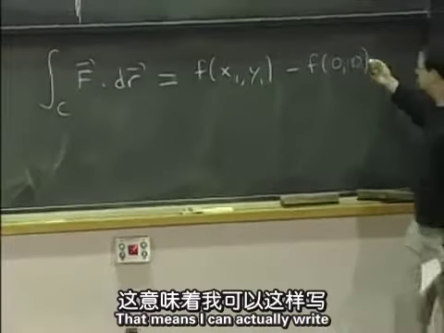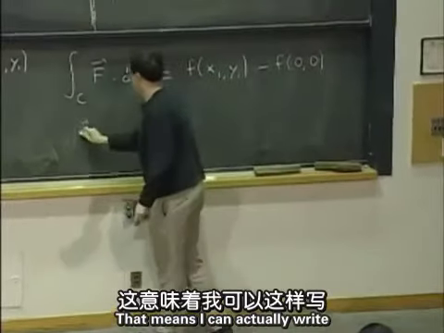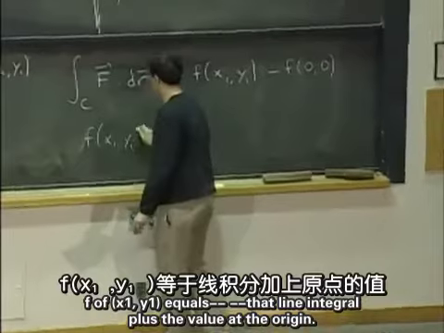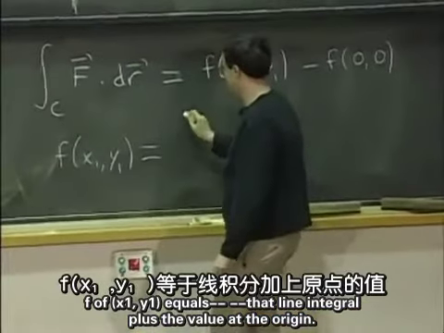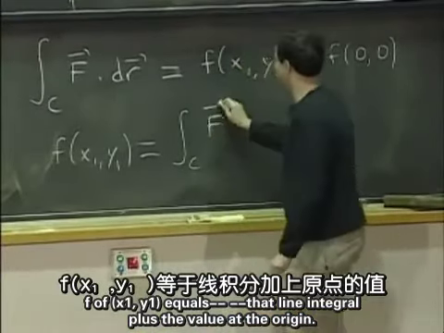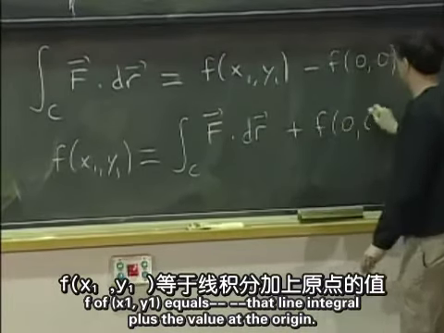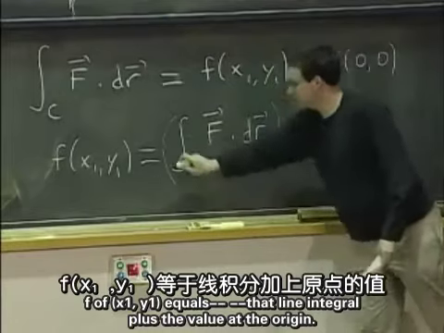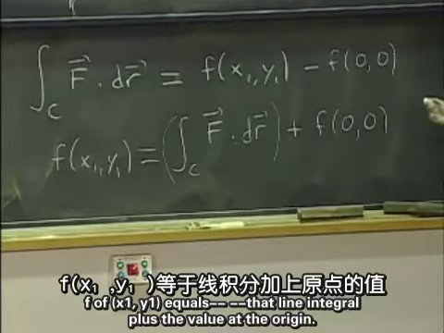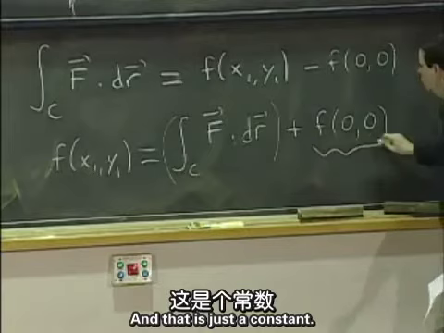So that means I can write f of x1, y1 equals that line integral plus the value at the origin, and that's just a constant.